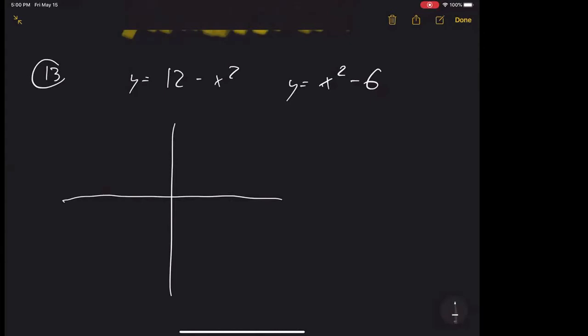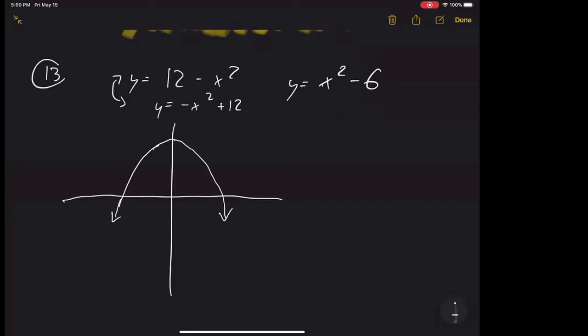We could think of this as the parabola negative x squared that has just been shifted up by 12. These two are the same thing. So that's how I think about this curve. Okay, so I'll just do a quick sketch of that. Okay, that's good enough for me.